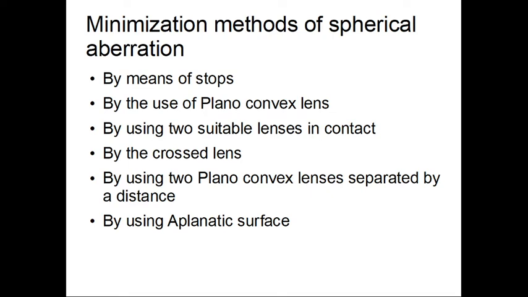So for this, the relationship for aplanatic lenses, by solving all this aplanatic surface derivation, we get the relation as Ci equal to mu r, where mu is the refractive index of the lens and r is the radius of curvature of the lens. By using this condition mu r, we can get spherical aberration free lenses.